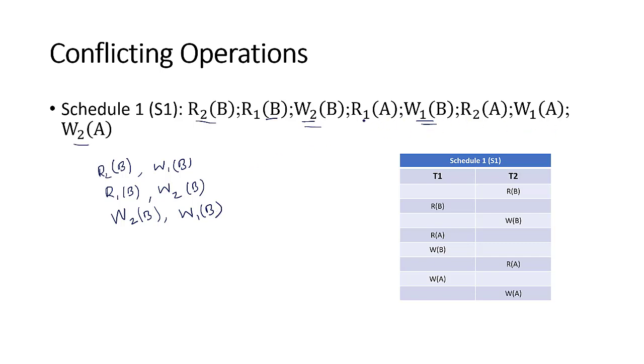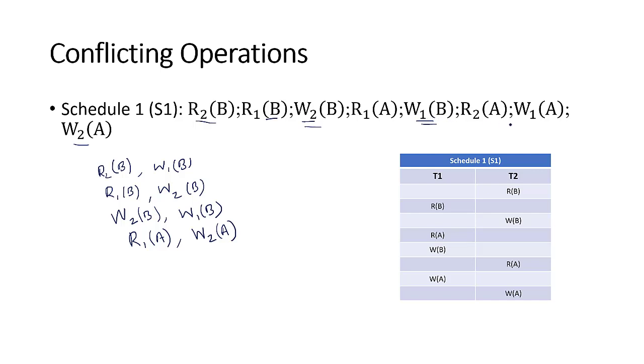For reading of data A by transaction 1, the conflicting operation is the writing of data A by transaction 2. So R1A and W2A are the conflicting operations. Next, for W1B there are no conflicting operations after that.